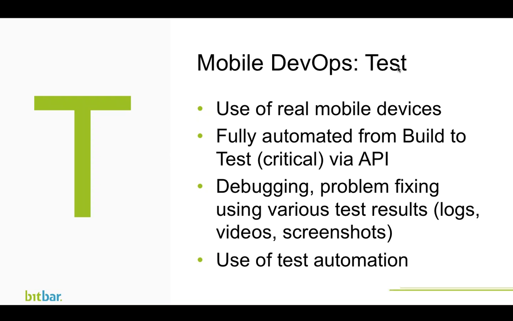There are great tools for finding issues with the applications running on those devices, even debugging and fixing problems based on the test results that you get from device runs. You get all the logs, videos, screenshots. So it's an instrumental part of mobile DevOps to use test automation and get that test automation built tightly into this delivery pipeline.